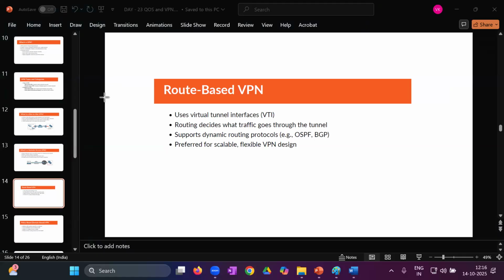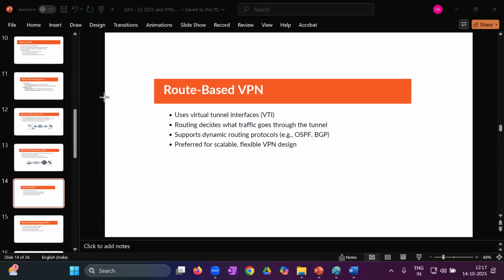No, they will be in a different location only. Let's say you have two devices. One is at Bangalore location, one is at another location. Now between them, we are going to create a tunnel based on the VPN tunnel. Now, in that case, if routing is required, routing will be done. Then you will be creating a VPN tunnel between them.